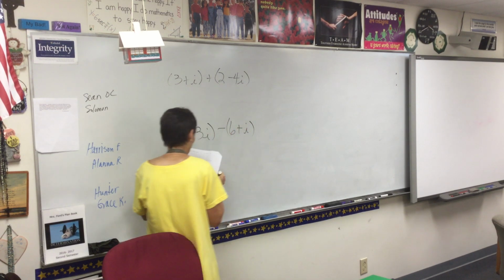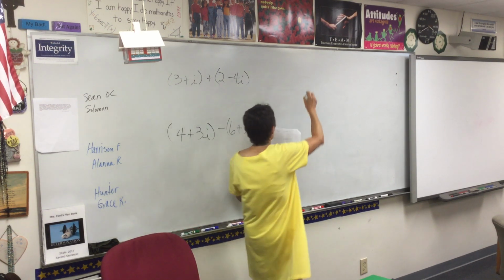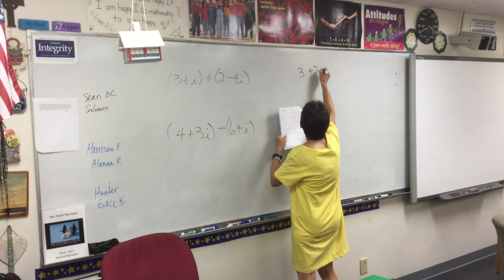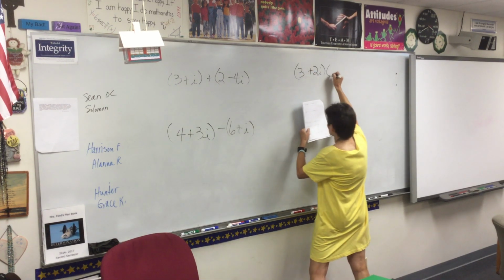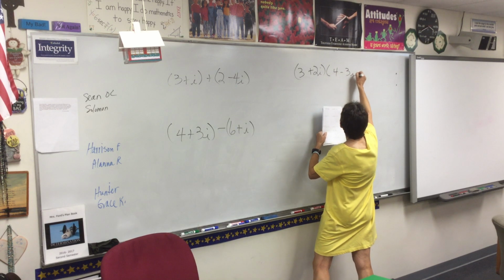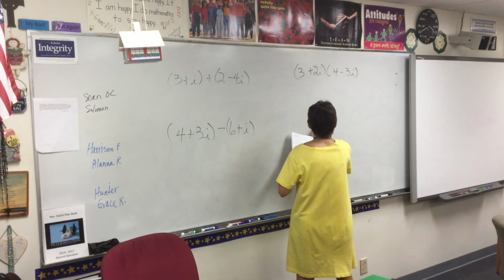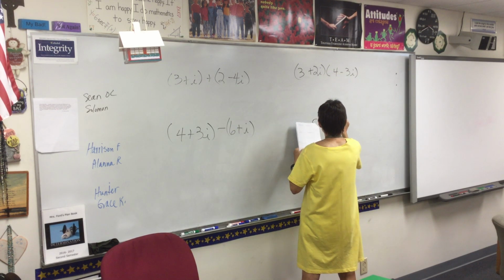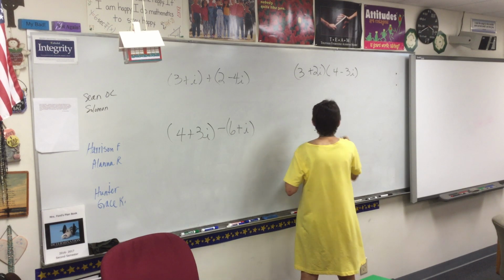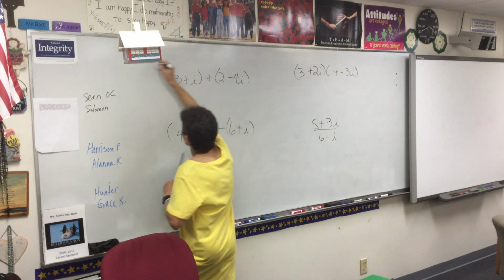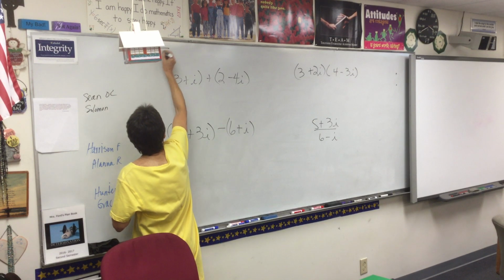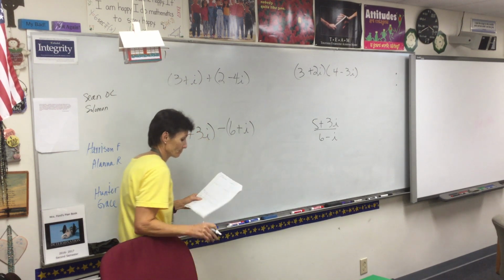Yesterday, when we did one of our problems, we got an i. How do we get i's? Where do they come from? What does i mean? The square root of a negative, that's right. So by definition, i is the square root of negative 1.